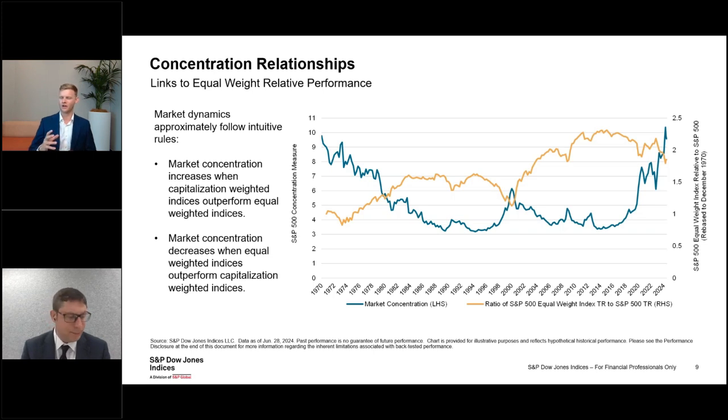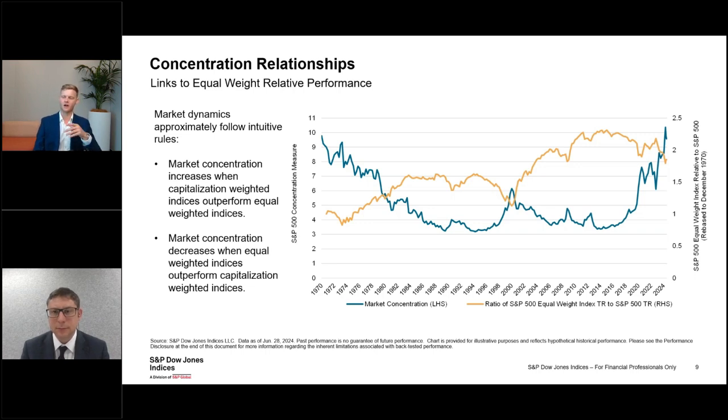It's a good indication, and you can see in the blue line from around 2020 to 2022 there's quite a sharp decline. In this chart we're looking at the concentration difference between the average and the index weighted market cap.